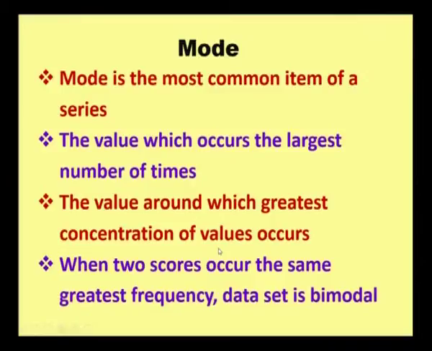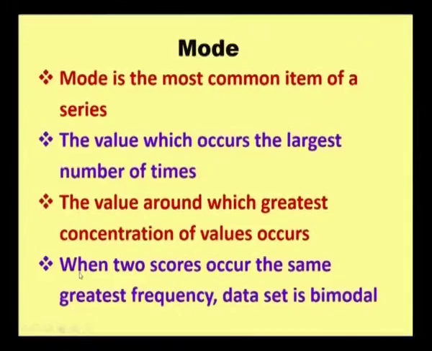That means, if some number is occurring the largest number of times, naturally that is concentrated with many values. Or when 2 scores occur with the same greatest frequency, the data set is bimodal. So, it is not necessary that a data set has only one mode. In case 2 values occur the same greatest number of times, that is called bimodal.